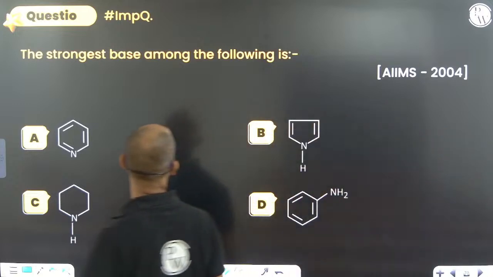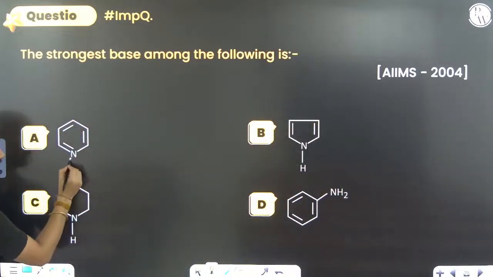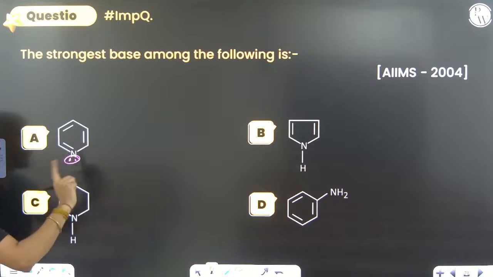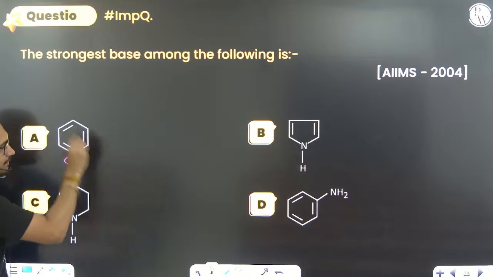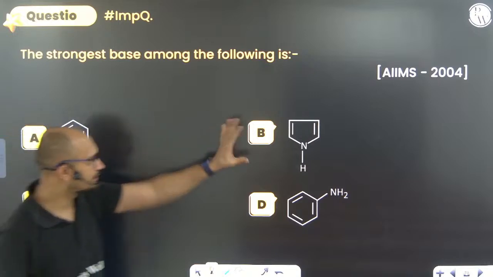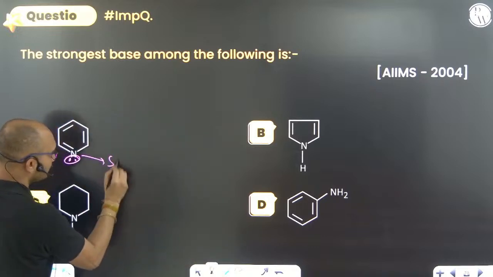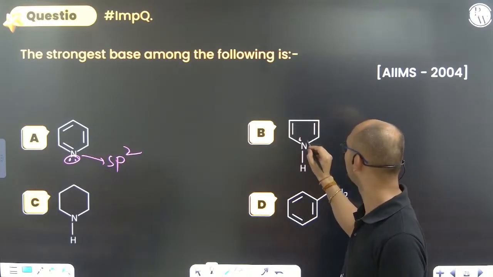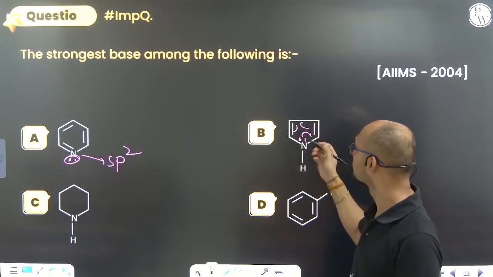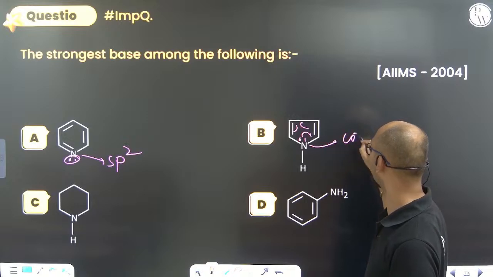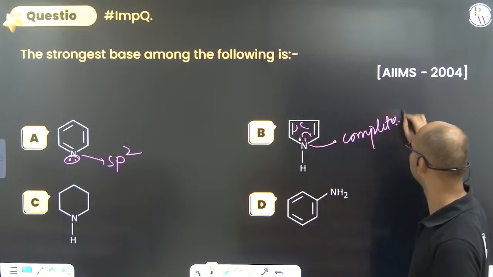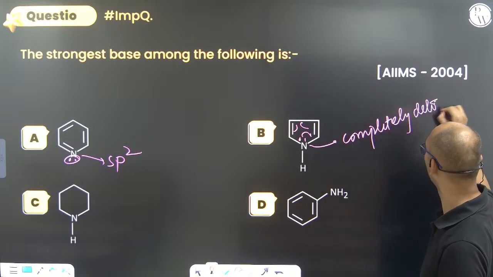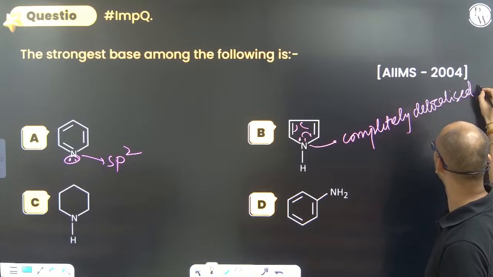The strongest base among the following. चलो इन सब में बताओ जरा. यहाँ पे this lone pair taking part in the resonance? No, because aromaticity is completed. चलो इनकी बात करो, but still we can see that this nitrogen is what? sp2 hybridized. Let's talk about this. Here lone pair is taking part in aromaticity. So therefore this is completely delocalized lone pair.